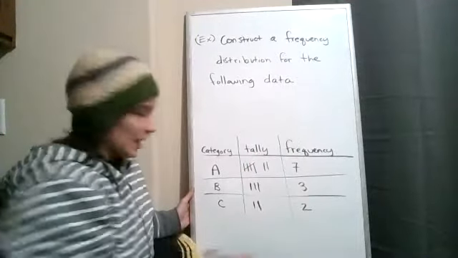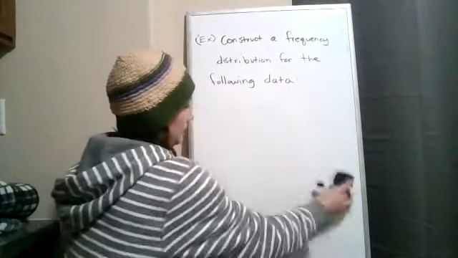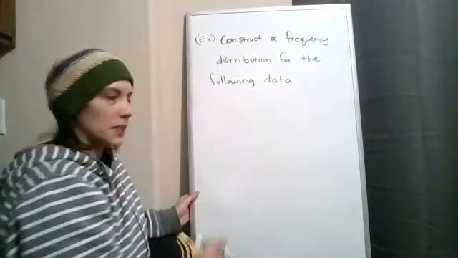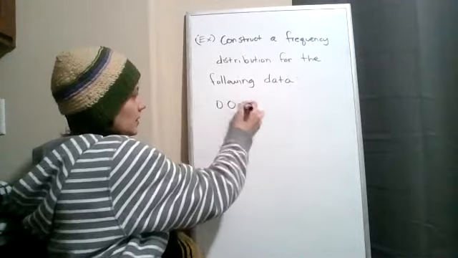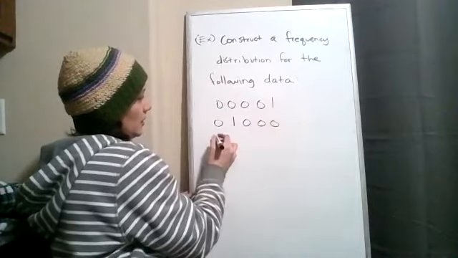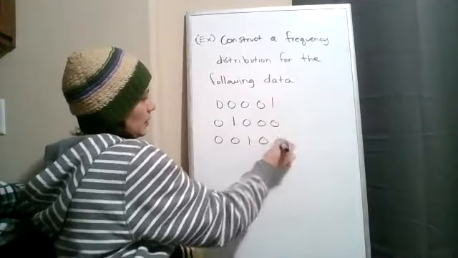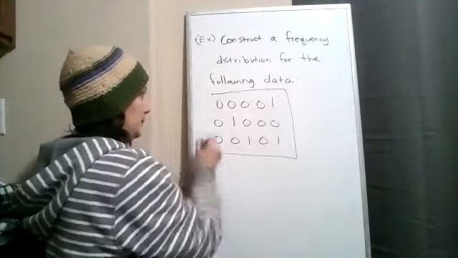Okay, so let's get some data. Let's try this. We'll do just zeros and ones. So 0, 0, 0, 0, 1, 0, 1, 0, 0, 0, 0, 1, 0. That's it.